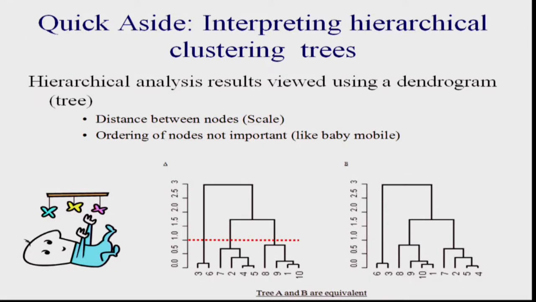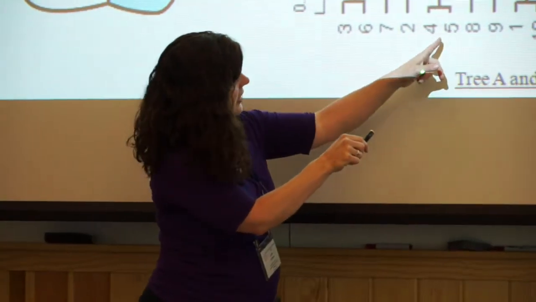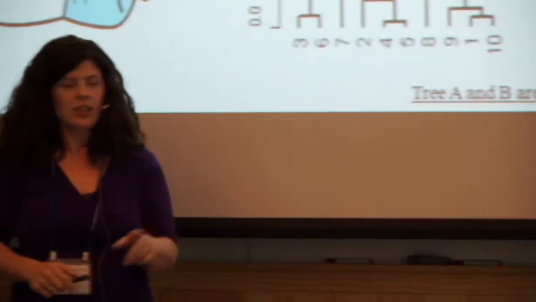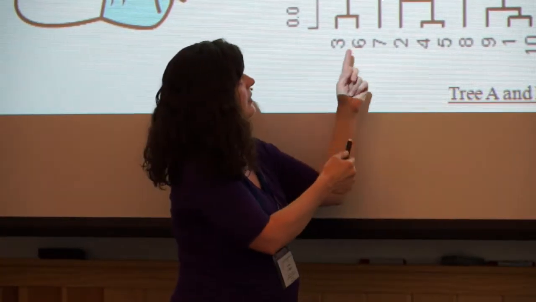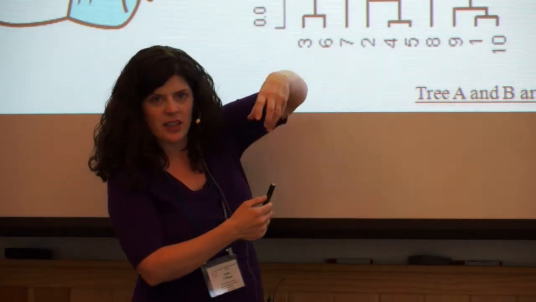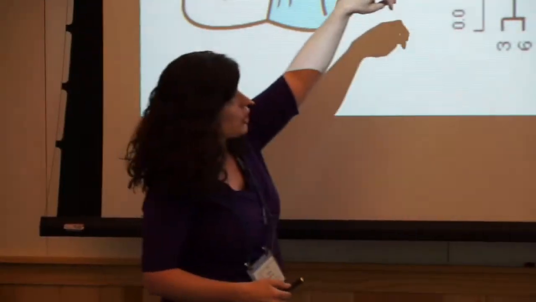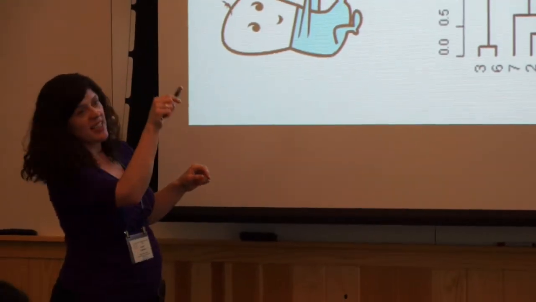So sometimes people read these and say, "Oh, 6 is beside 7, and 5 is beside 8 here." You can flip this completely, and flip this in itself, and flip this in itself. So although what you're looking at is the structure from the top, think of where the tree is hanging from.